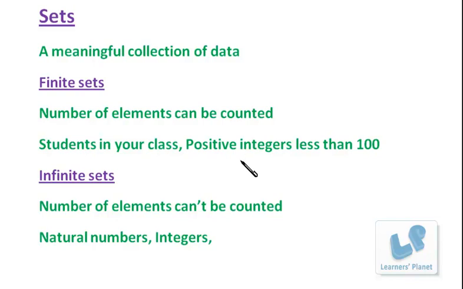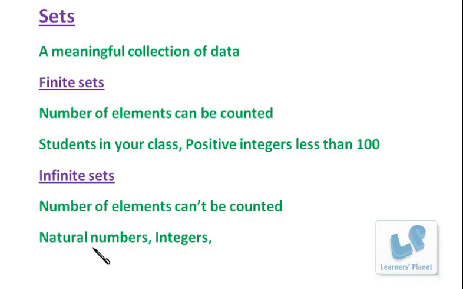But if we talk about positive integers less than 100, that we can count. It is from 1 to 99, right? So 99 elements will be there. We can count that the number of elements in the set is 99. So it's a finite set.